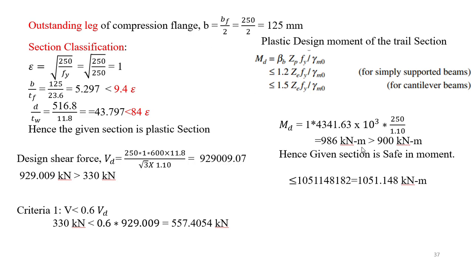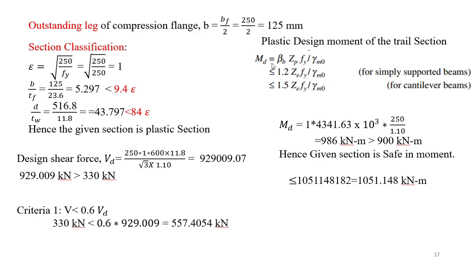From this what we can observe is that the design capacity of the beam is more than the moment due to the applied factored load. Hence the given section is safe in moment. We have to check whether it is less than this one or not.